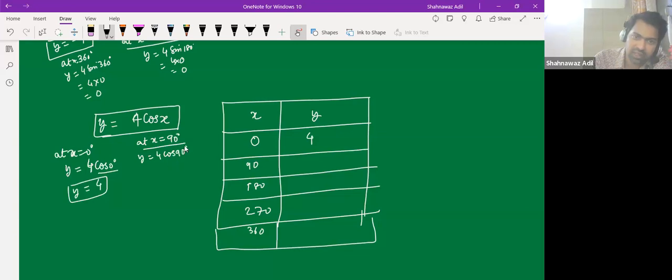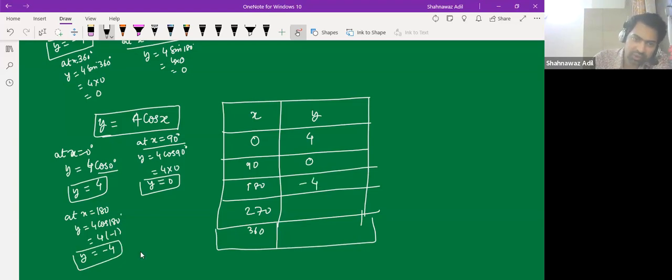Cos 90 is 0, so this is 4 into 0, which is 0. At x equals 180, y is 4 cos 180. Cos 180 is minus 1, so this is minus 4.